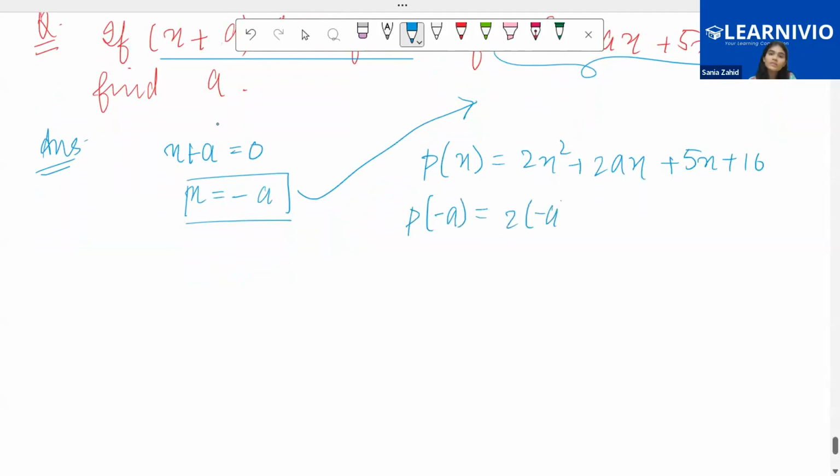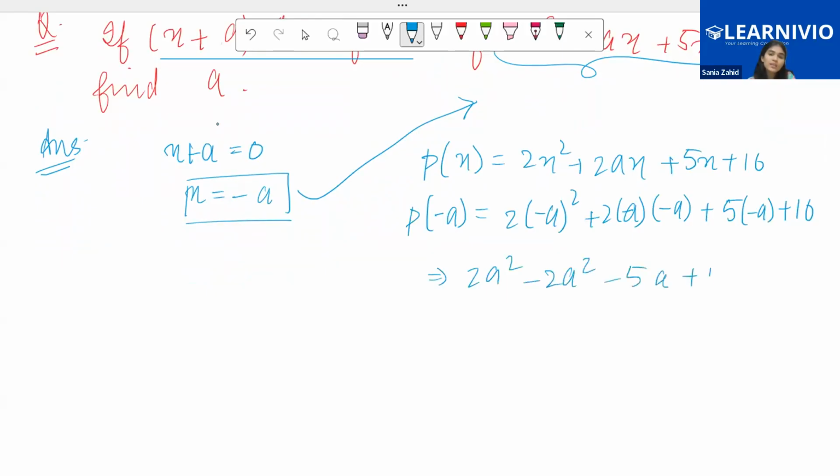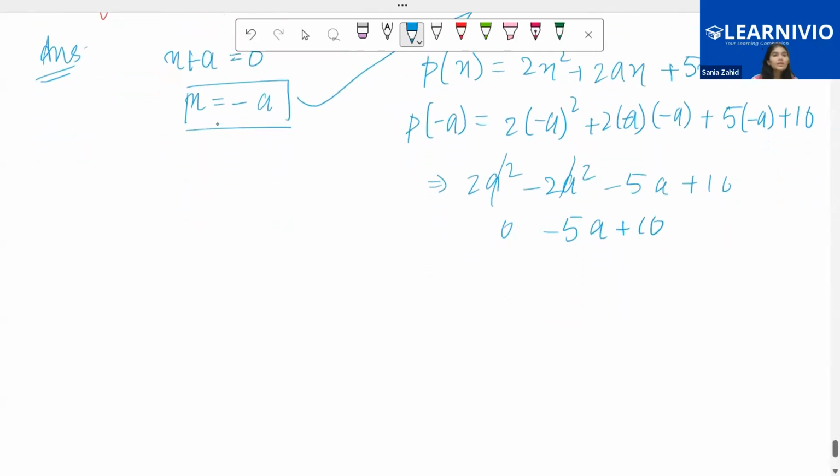So 2 into minus a square plus 2 into a into minus a plus 5 into minus a plus 10. So it gives you 2a square minus 2a square minus 5a plus 10. 2a square minus 2a square is 0, minus 5a plus 10. Now Umair, here x is equal to minus a.